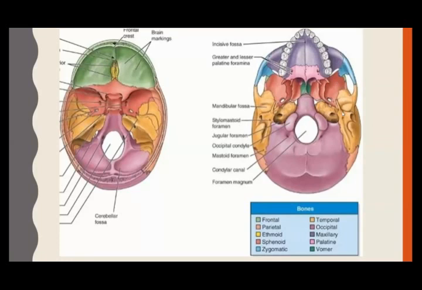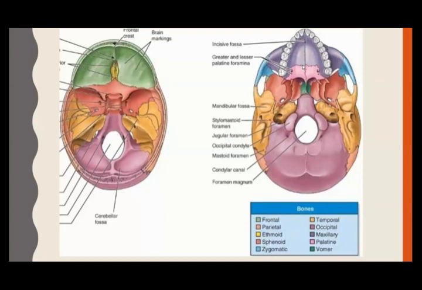Okay, coming to this side, this is the base of the skull, called the norma basalis. If you remember, we determined that the purple was all maxilla. Inside there is a fossa. Here, in pink, these are the palatine bones, with the greater and lesser palatine foramen.